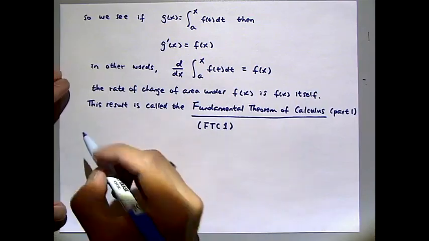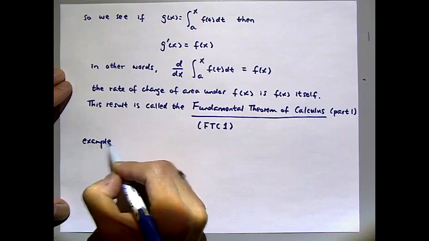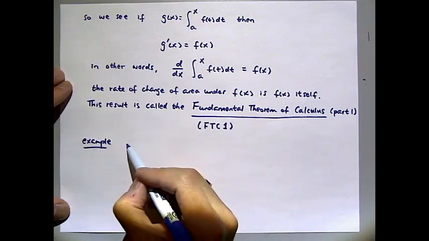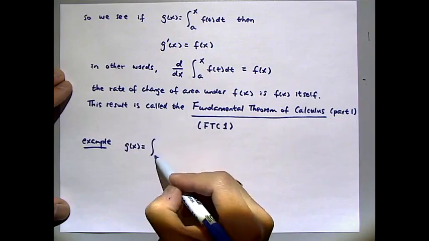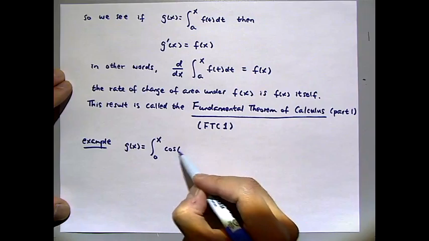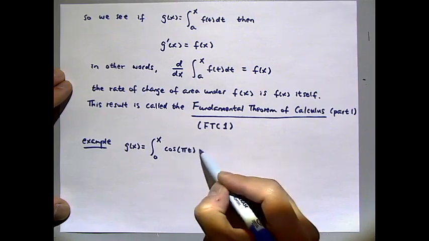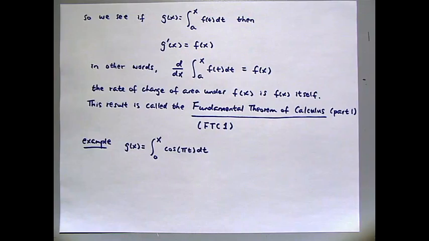Let me show you some examples to make this more concrete. Let's say g of x tells us the area under the function cosine of pi t, accumulated from 0 up to some unspecified x.